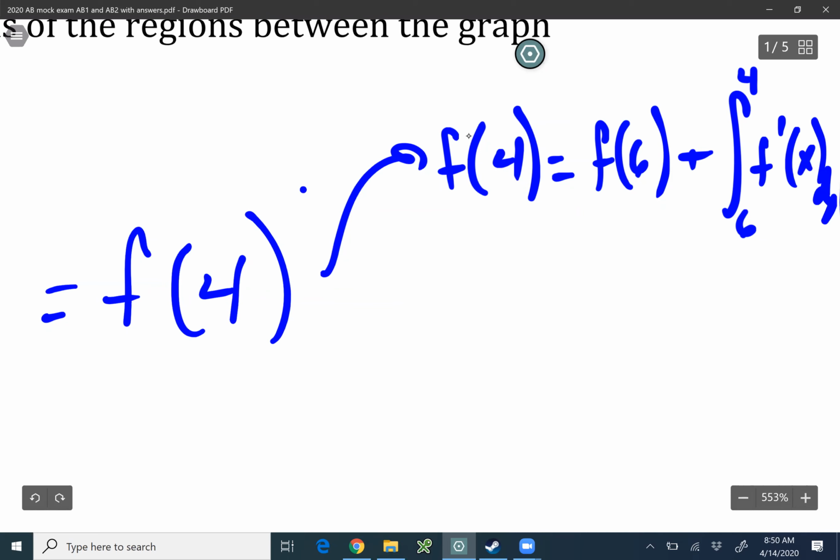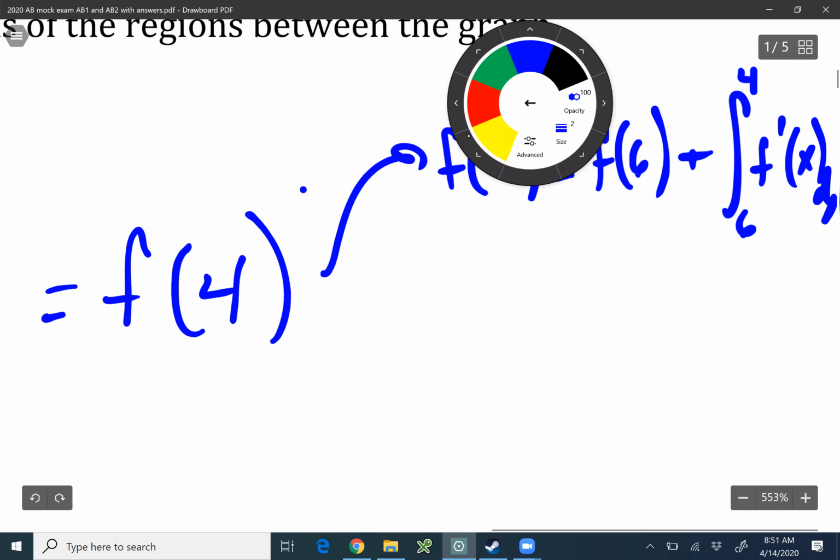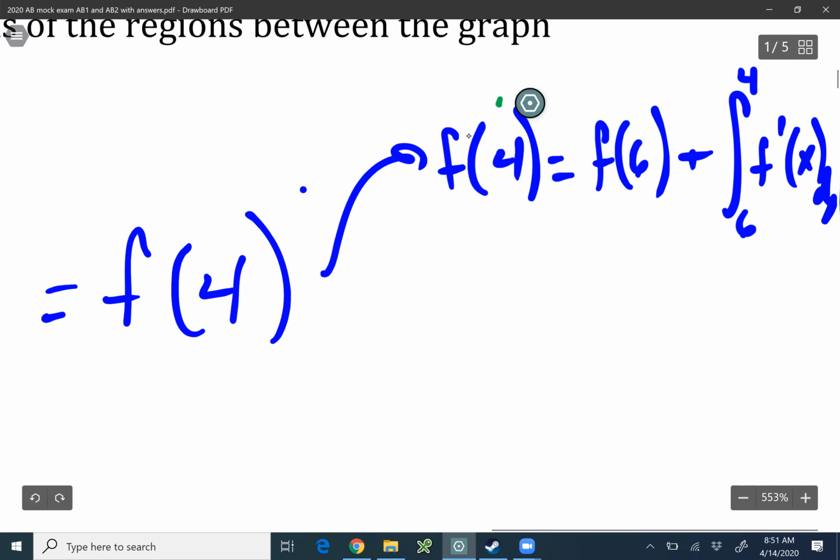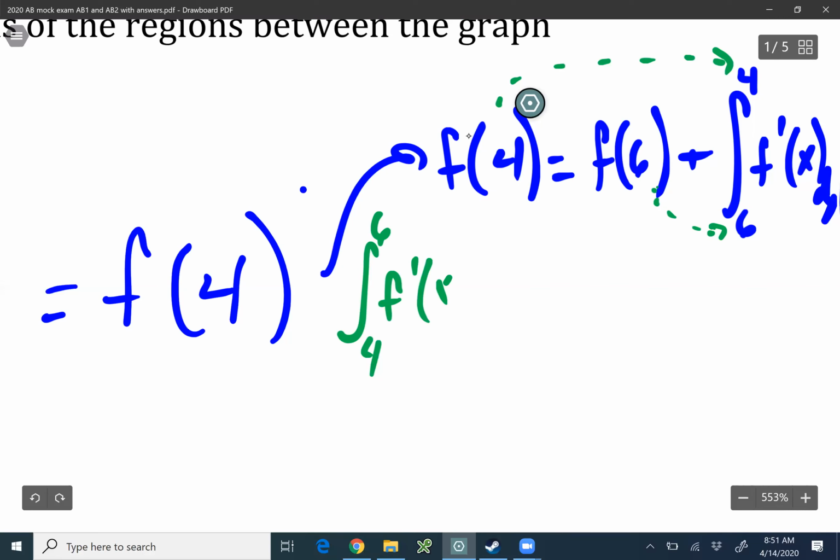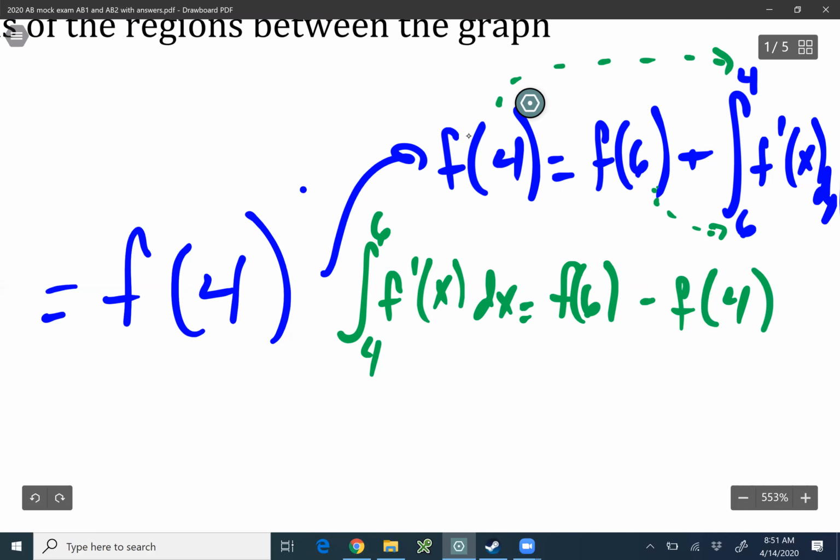I set this up because when we do the integral, whatever we're looking for goes on top, and the initial value goes on bottom. But this does make our endpoints backwards, so we want to be careful. You could have also said the integral from 4 to 6 of f prime of x dx equals f of 6 minus f of 4. That's more traditional FTC. Either way you write it, you're going to get the same answer.